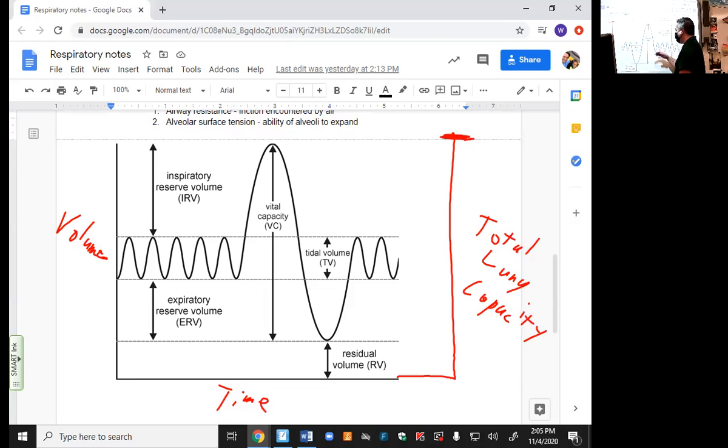Vital capacity is all the air minus your residual volume. Tidal volume is your normal breath, tides going in and out, then expiratory reserve and inspiratory reserve. Feel good? That's pretty much it on lungs.